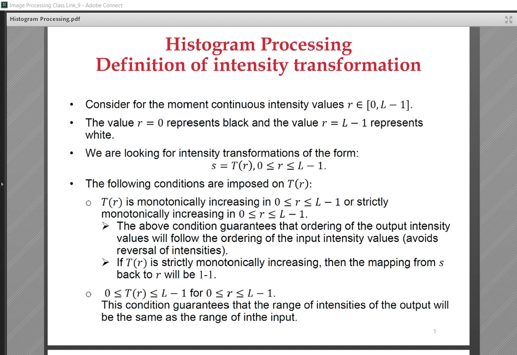If our T(r) has these conditions, it's a good T(r) for improving the histogram of the original image. The first one: T(r) must be monotonically increasing in the full range from 0 to L-1, or better, strictly monotonically increasing. Okay, in that full range.